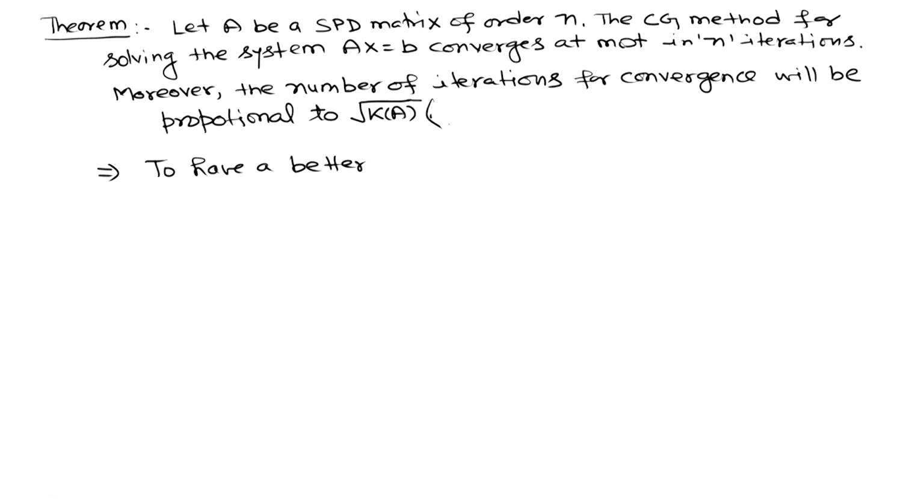And if you recall from the previous lecture, the condition number of A can be given as lambda max upon lambda min, which is just the product of the norm of A with the norm of A inverse.